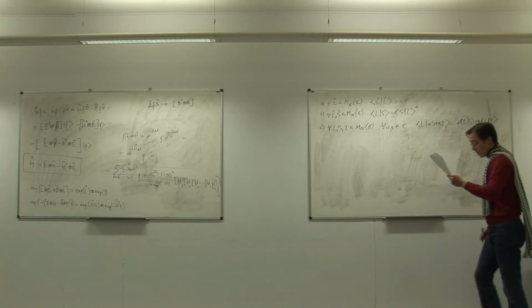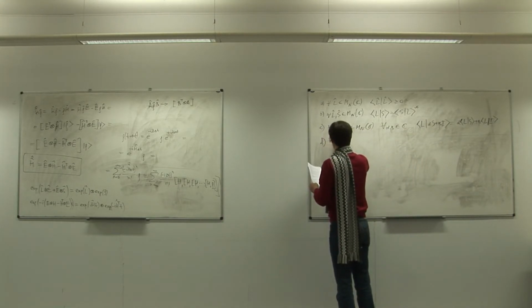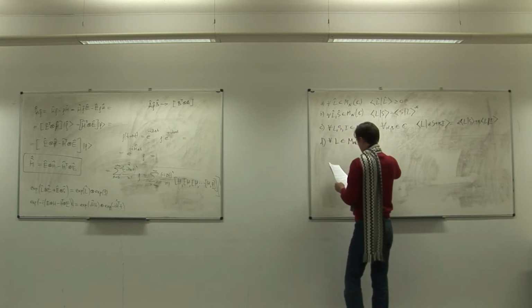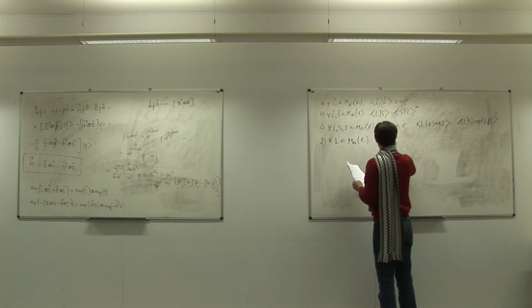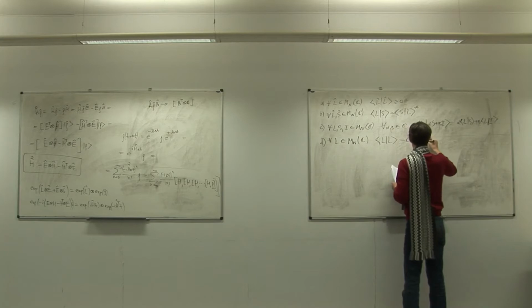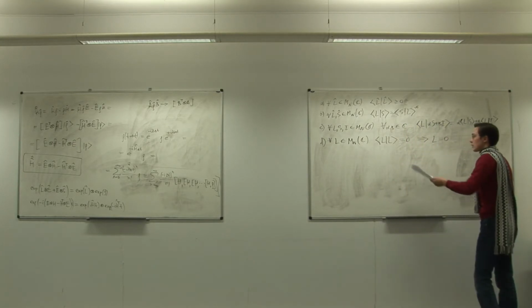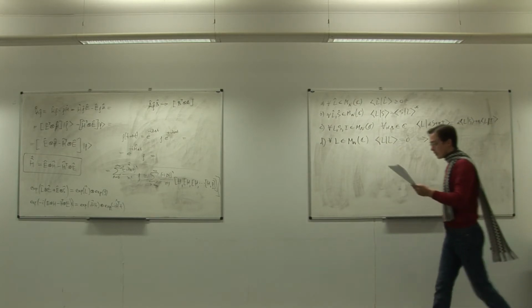So distribution. Then D, for any operator L living inside M_n(C), it must be the case that the scalar product of L with itself being 0 leads to L being 0. So the scalar product with itself can only be 0 if the underlying operator is 0.